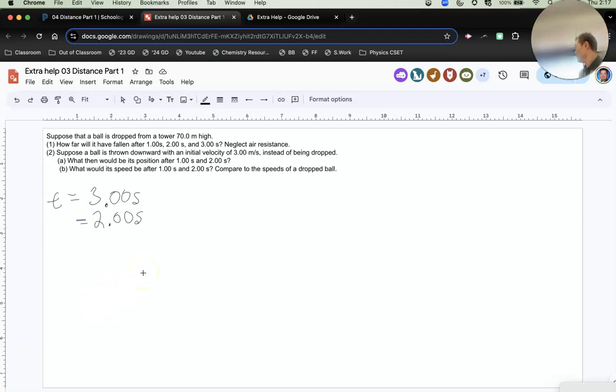It has an S after it, so that could mean speed. Angel, what does S stand for? Seconds, which is what kind of variable? Is seconds for speed, distance, or time? Seconds, like 1 second, 2 seconds, 3 seconds. Time. So that's going to be another T. Well, that's confusing. We have 2 T's.